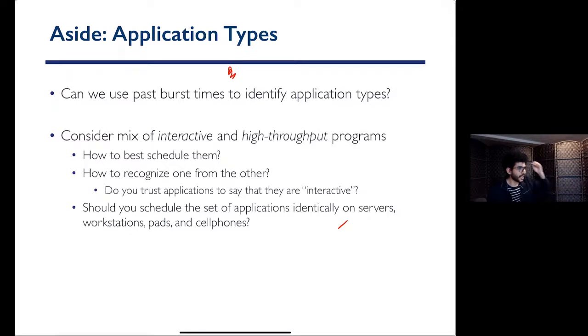But in more general cases, you might say, oh, this is a gaming application, or oh, this is a streaming application, or this is a matrix multiplication, an AI application. So you might classify your applications, and then based on that classification, decide you want to have more priority for a streaming or gaming application, and less priority if this is a background kind of application.